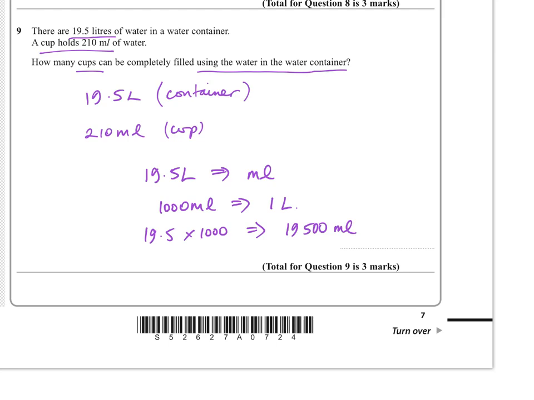So what we've got to do is see how many of these divide into the 19,500. So I'm not going to try and make any mistakes here by doing it by hand. This is a calculator exam, so let's use the calculator. So 19,500 divided by 210.